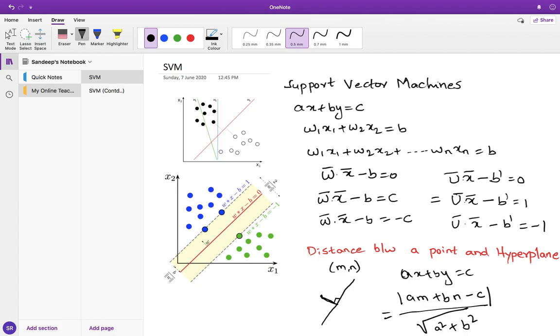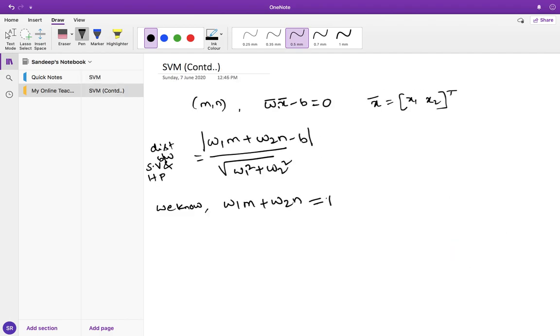We are substituting the m comma n point here. There is also a minus b here that I had forgotten. So let me write that here: w1m plus w2n minus b is equal to 1. So this is after substitution.